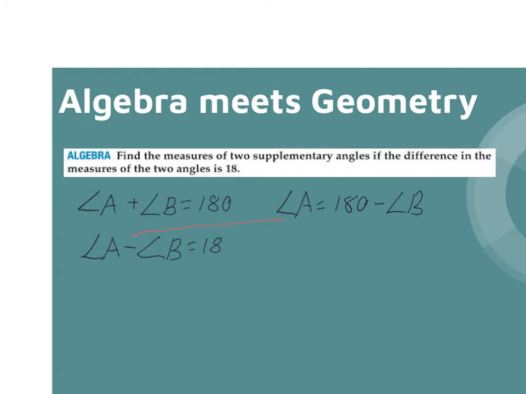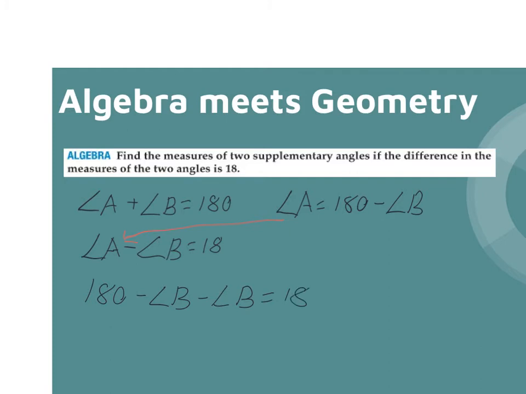We can substitute in, remember in algebra. So we end up with 180 minus B minus B equals 18.